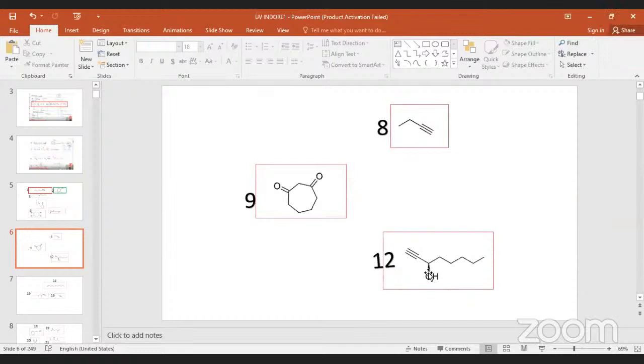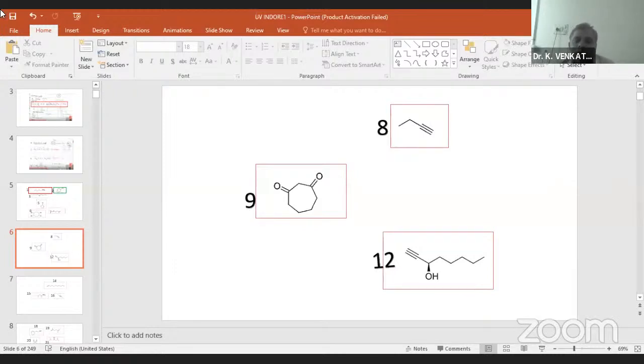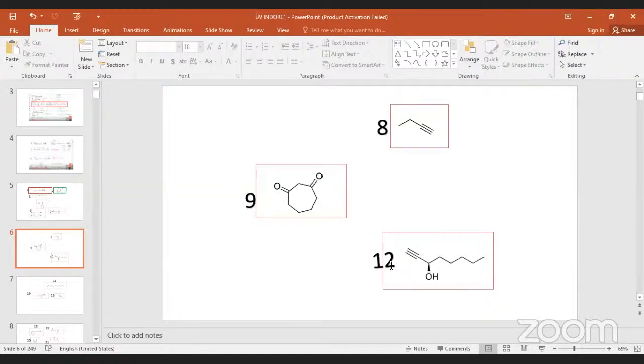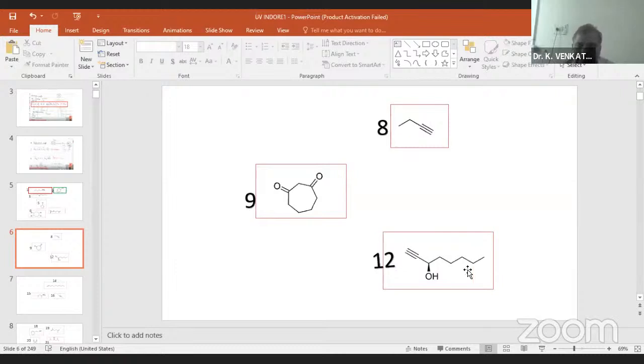Functional group is not at the end. Here the functional group is present in the middle position. So now we can see that this is one of the ends, this is one of the ends, because the functional group is present in the middle position.